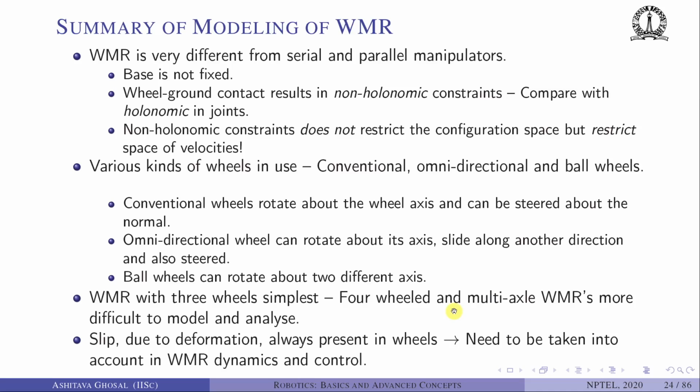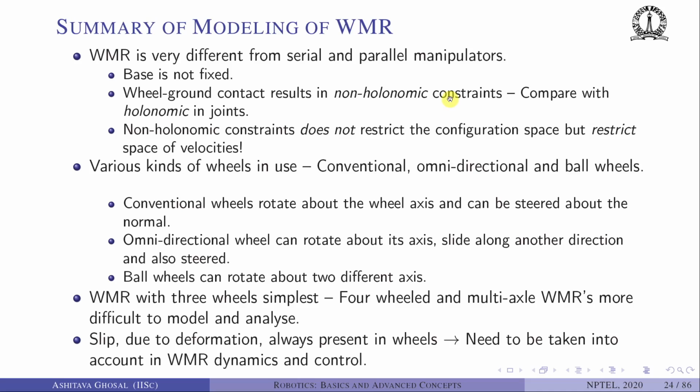Okay, so let's conclude this lecture. So in summary, WMR is very different from serial and parallel manipulator. Okay, why? Because the base is not fixed, it is moving. The wheel ground contact results in non-holonomic constraints. Okay, it is not a holonomic constraint as what happens in, let's say, a rotary joint or an SS pair.